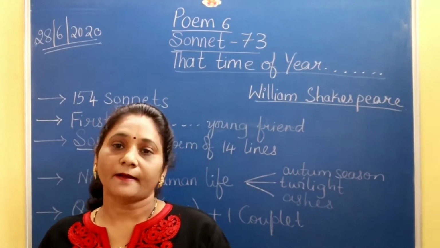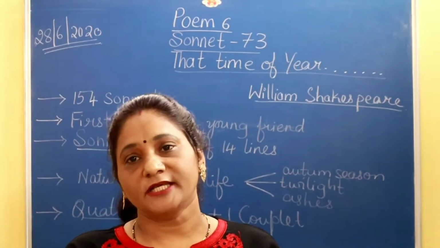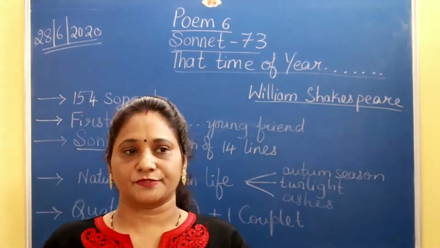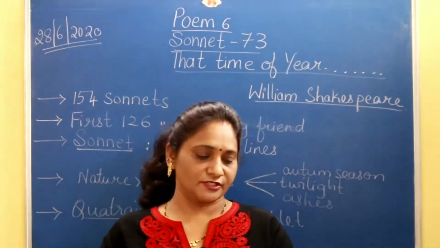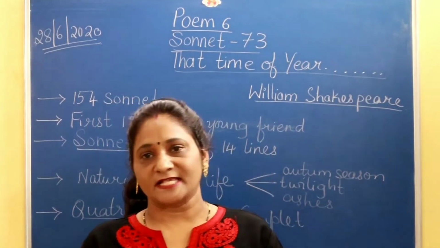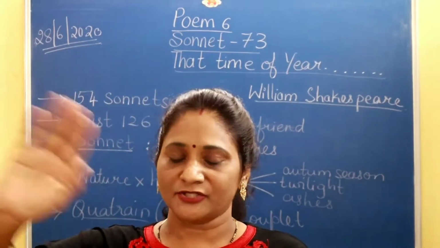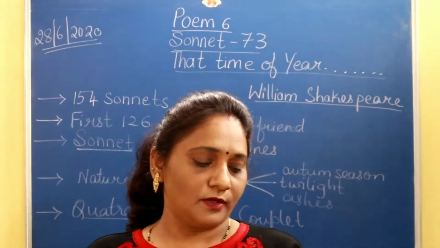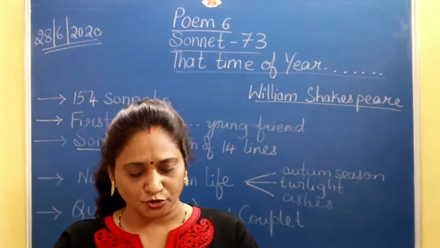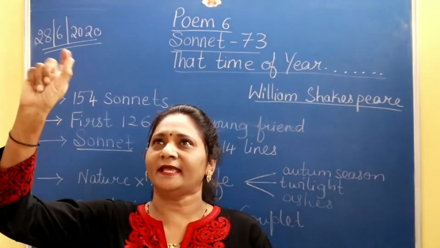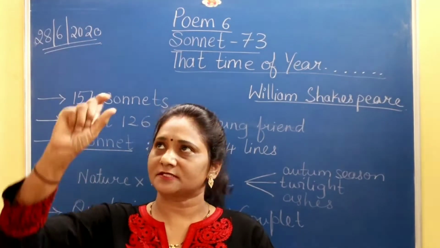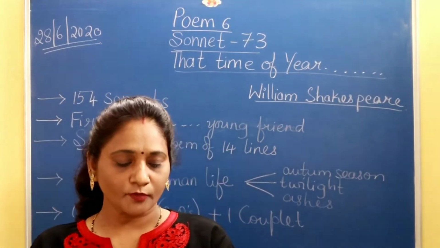Here the poet compares his age to the late autumn or the early winter. In the autumn season, as we all know, the trees shed their leaves, the branches are bare, the yellow leaves are about to fall, some have already fallen, some are just hanging.